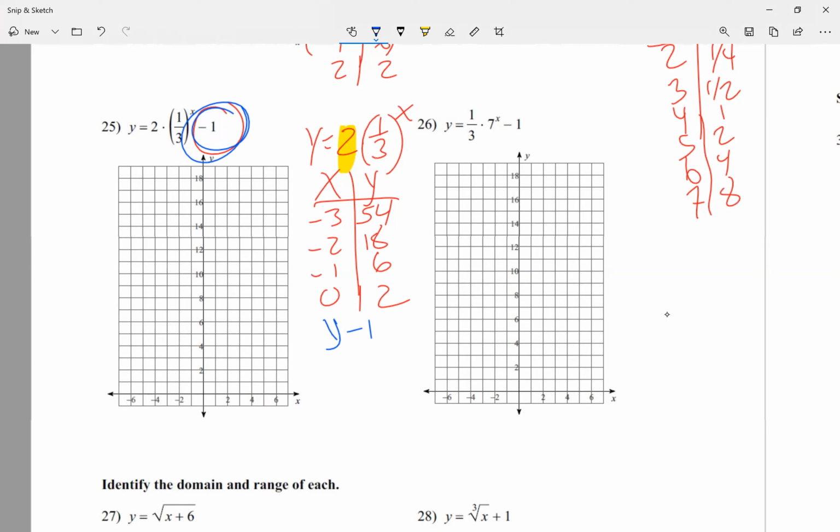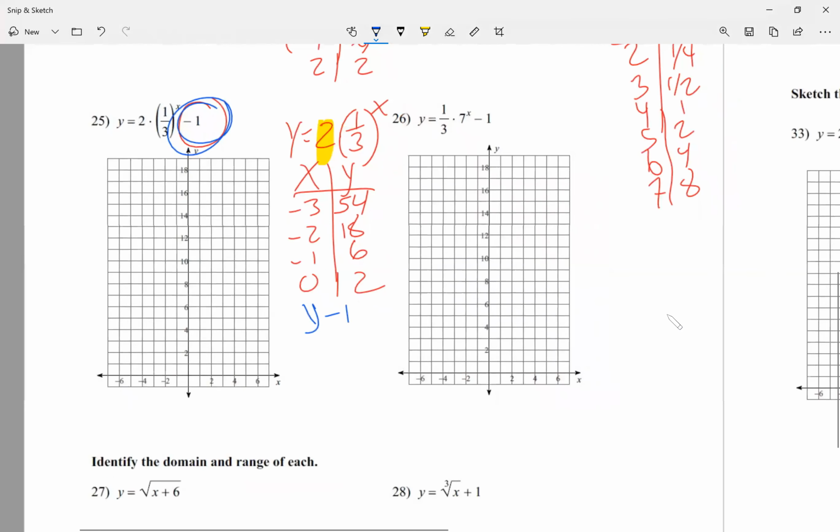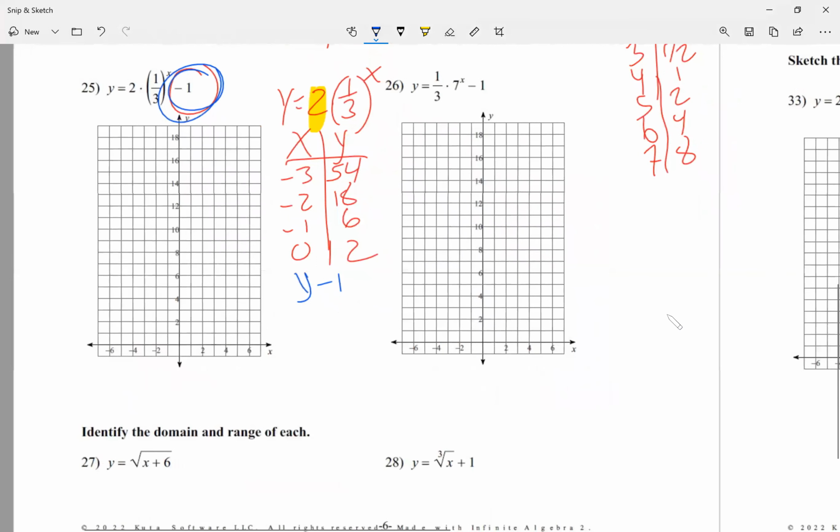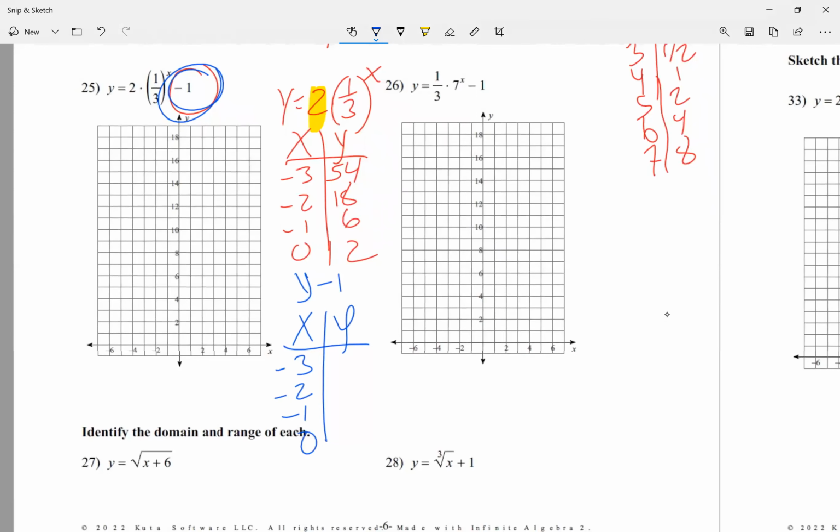I'm just going to subtract 1 from the y. So let me make this table here of x's and y. Again, leave the x values alone. So -3, -2, -1, 0. But on the y value, subtract 1. So I get 53, 17, 5, and 1. Let me plot those points.